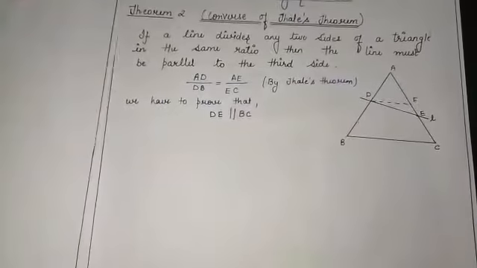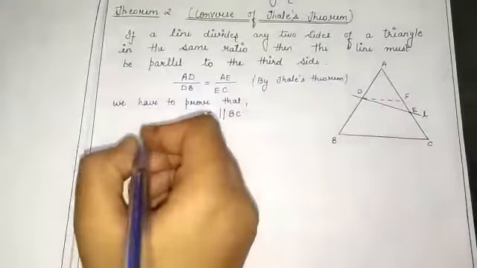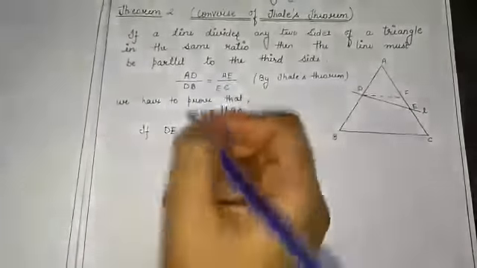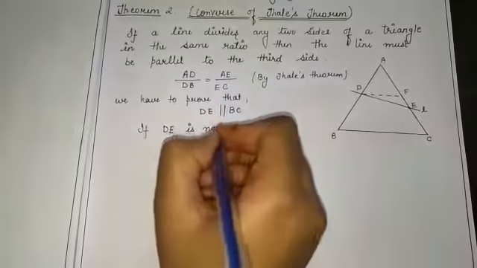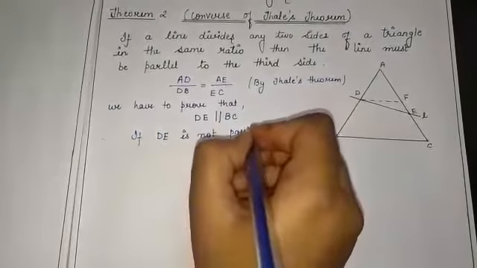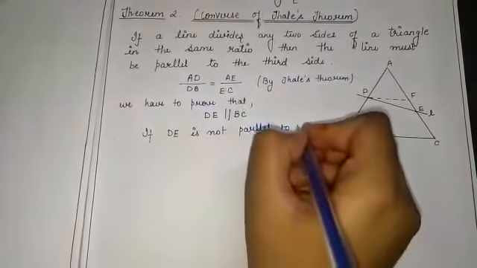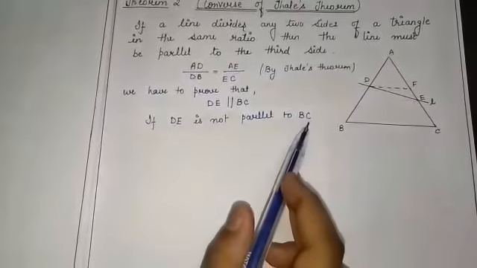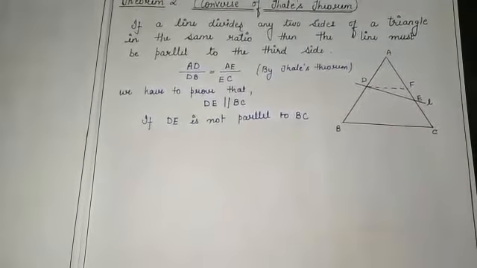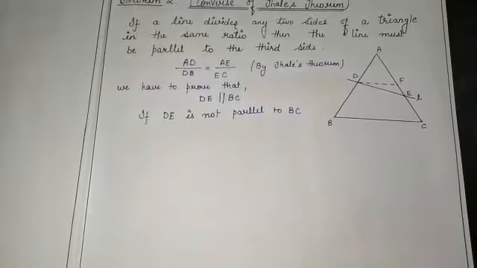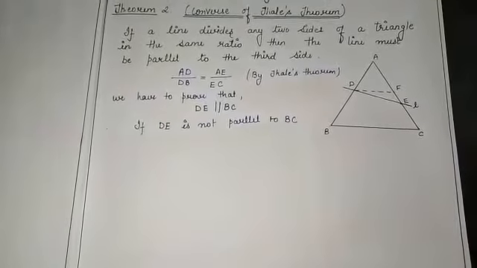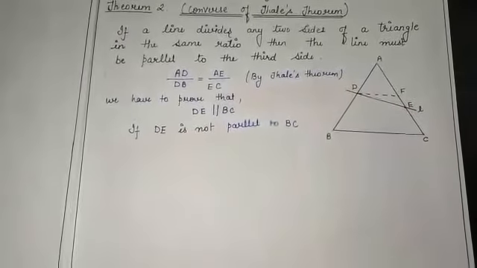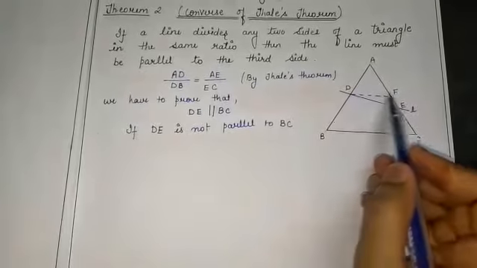So first of all, we have to assume that DE is not parallel to BC. Then there must exist another line through D which is parallel to BC, and this is DF.